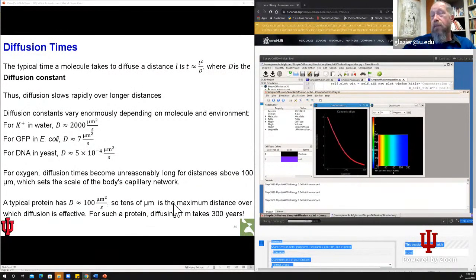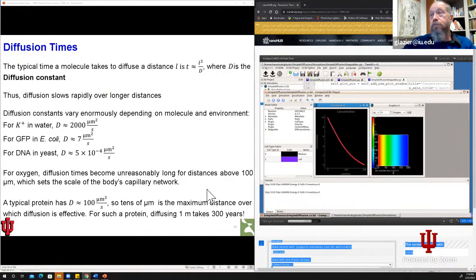The diffusion time is the time it takes a molecule to go a typical distance. If I'm driving a car at 50 miles an hour, then the time it takes to go 50 miles is an hour. The time it takes to go 100 miles is 2 hours. So the time goes linearly in the distance.